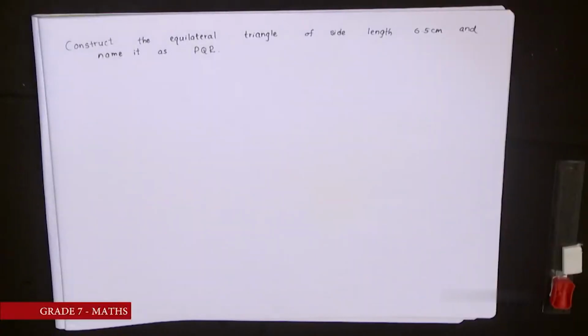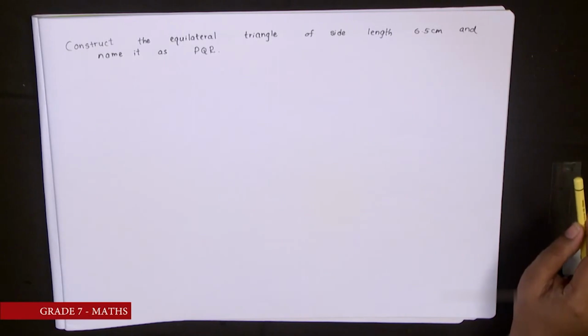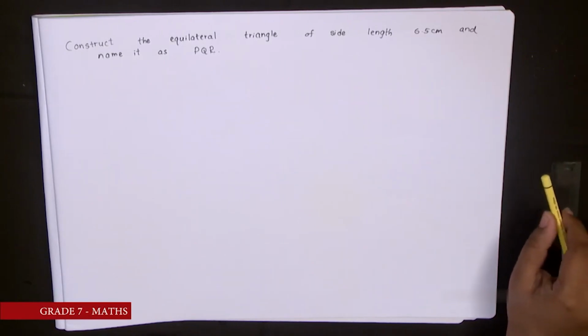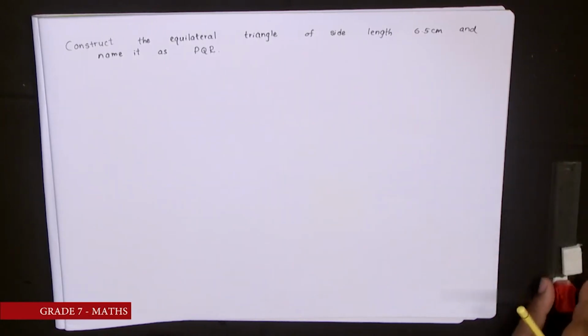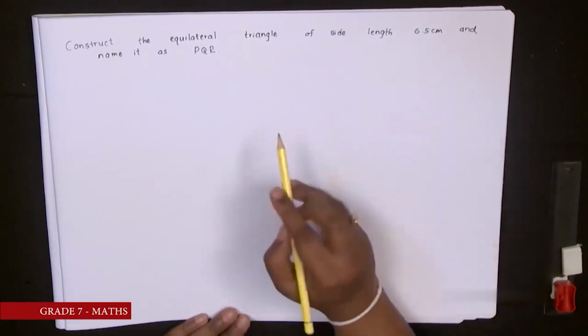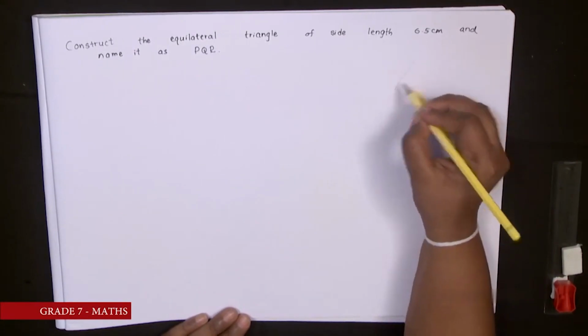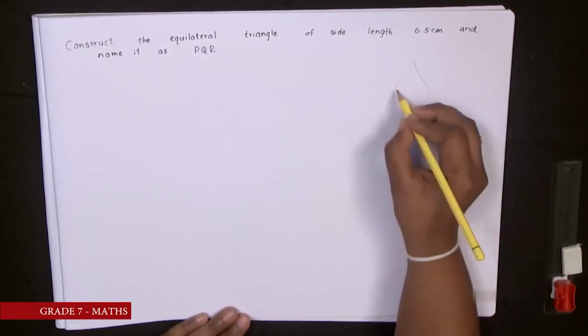Right. Now, we are going to construct the equilateral triangle of side length 6.5 centimeters and then we have to name the equilateral triangle as PQR. Right. First of all, I am going to draw the rough sketch of the construction. So, we need to construct an equilateral triangle. So, we will draw an equilateral triangle.